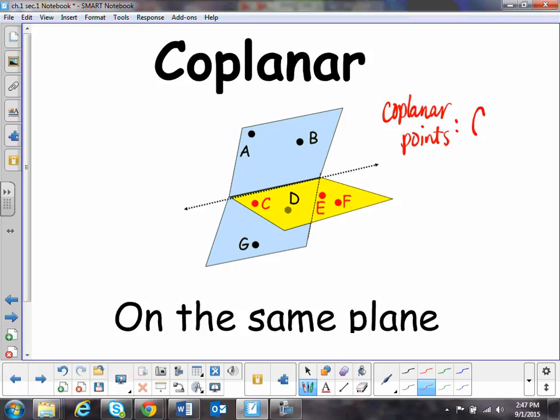You've got C, E, and F. That's a set of coplanar points. The other set of coplanar points, meaning represented on the blue plane, we've got A, B, T, and G. So if I ask you to name a set of coplanar points, that's how you would do it.